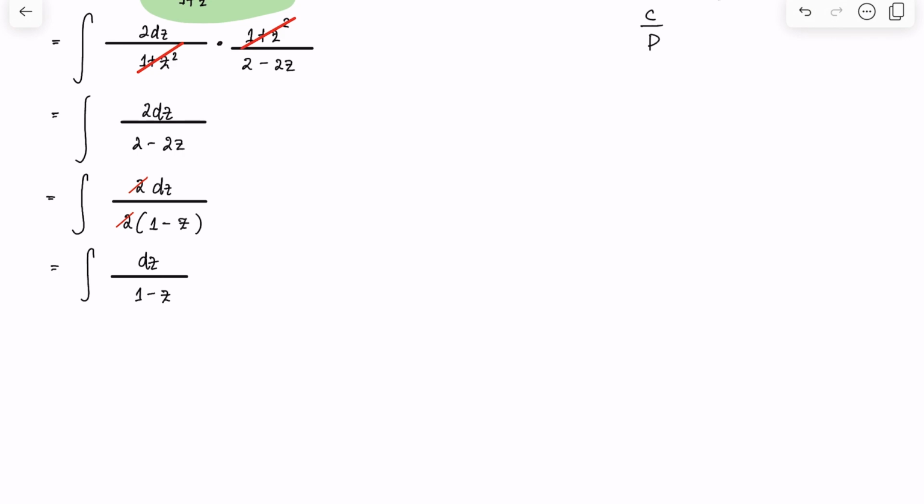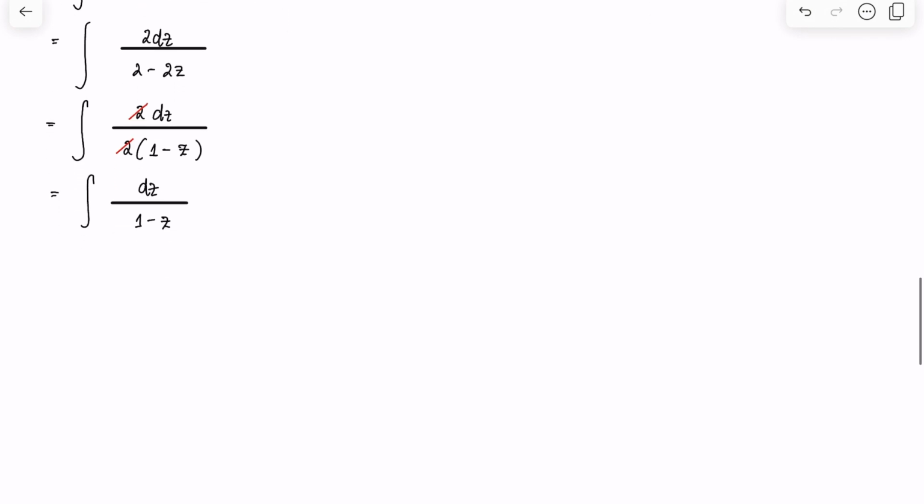And we know how to integrate this one. If you remember basic u substitution and integration, I'm going to write it here. You let u be equal to the term on the denominator, which is just 1 minus z. And this is telling you that du is just negative dz, or negative of du is equal to dz.